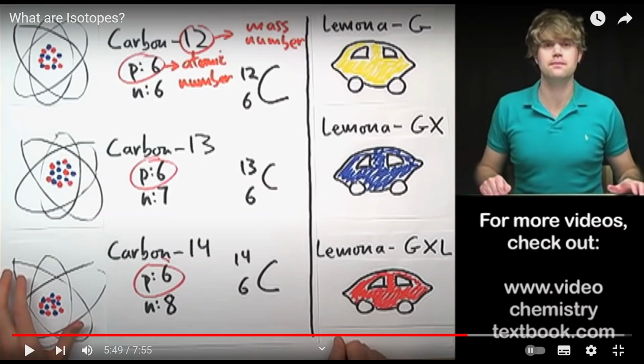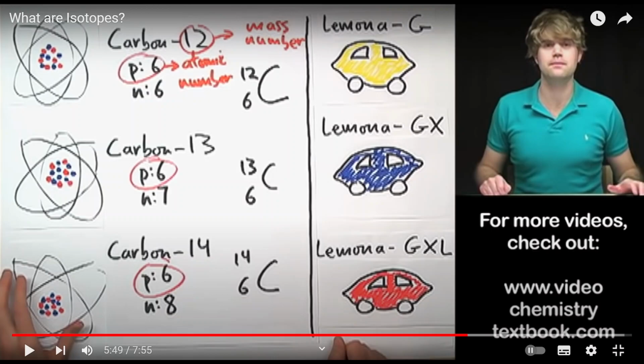And your numbers always go on which side? The left-hand side. Where does the bigger number go? It goes on the top. Where does the smaller number go? On the bottom. If you have trouble remembering that, it's just like the floors of a building. The lower floors have smaller numbers, the higher floors have higher numbers.